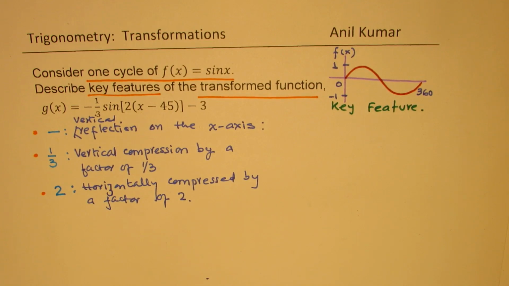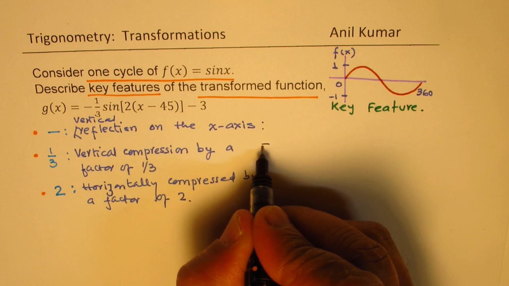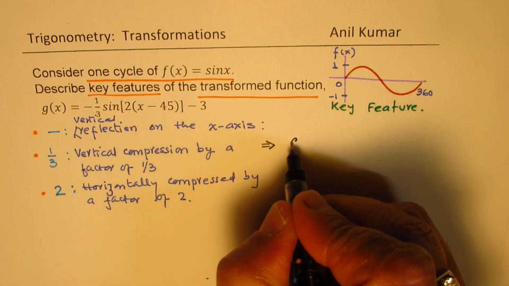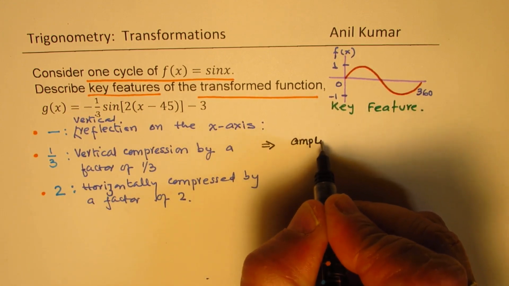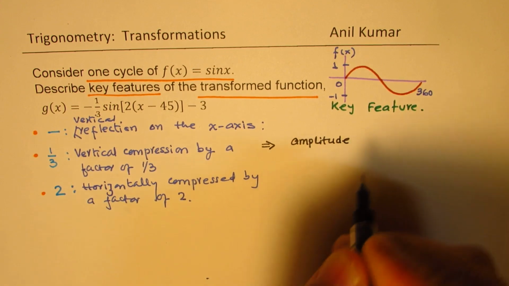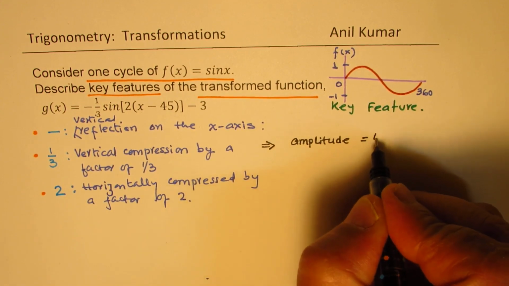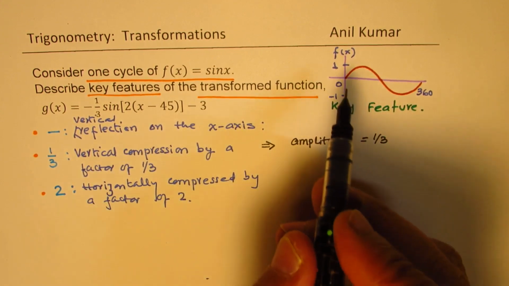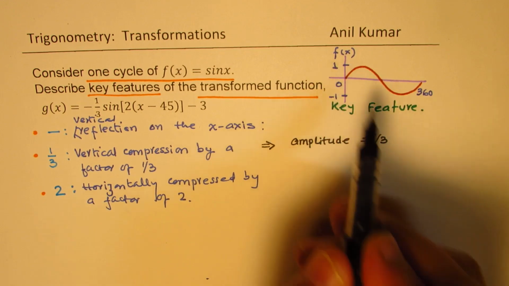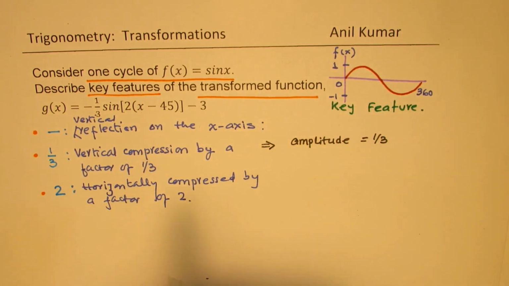Definitely, it is the amplitude, correct? So from here we can say that the amplitude is equal to 1/3. So instead of 1 being the amplitude, it has become 1/3, correct?